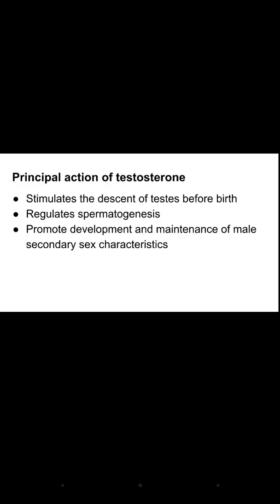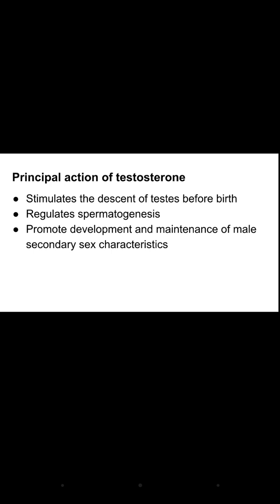So let's find out the function of testosterone. First, it stimulates the descent of the testes before birth. As I told you, the testes develop near the kidneys and descend into the scrotum. How does this happen? Because of the action of testosterone. Then it regulates spermatogenesis, the formation of sperms.